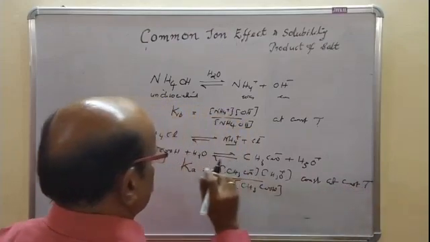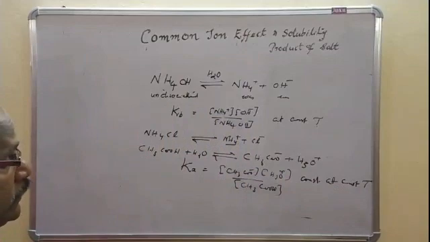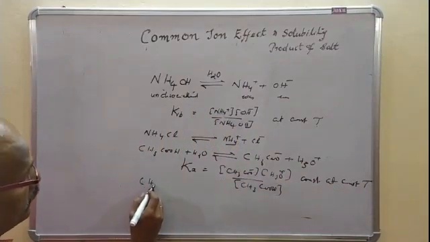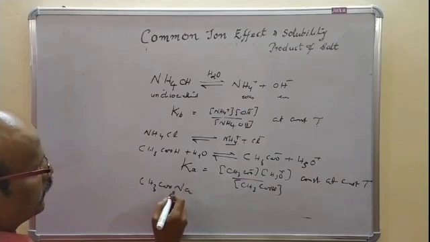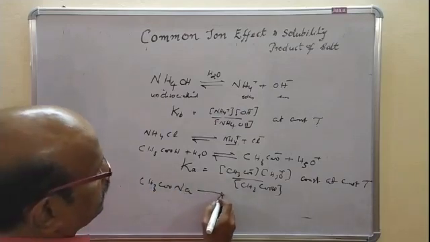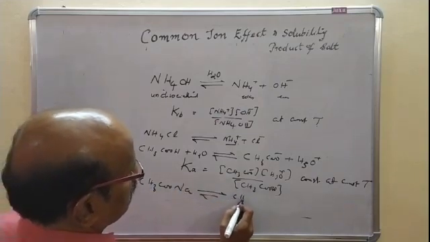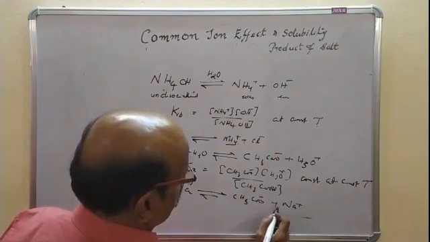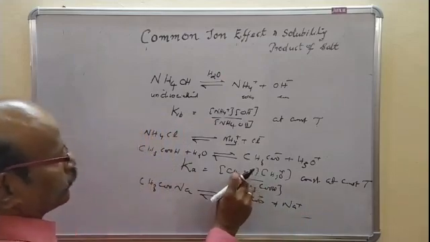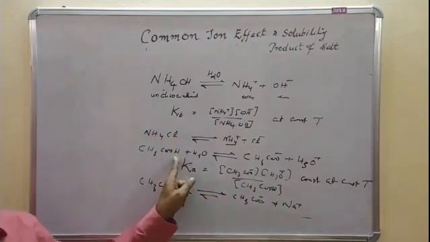But if you add another salt, sodium acetate, CH3COONa, into the system, it can furnish a large amount of acetate ion and Na plus ion. This acetate ion is an ion common to acetic acid.